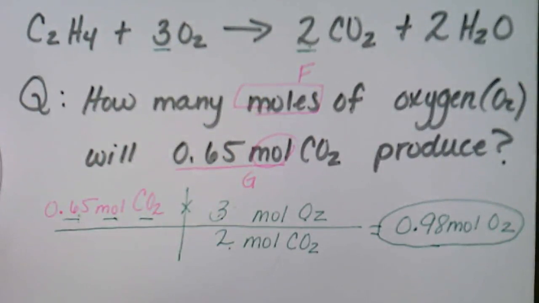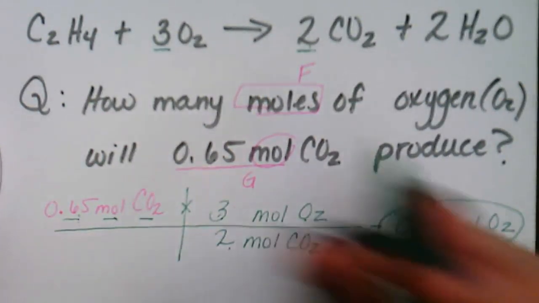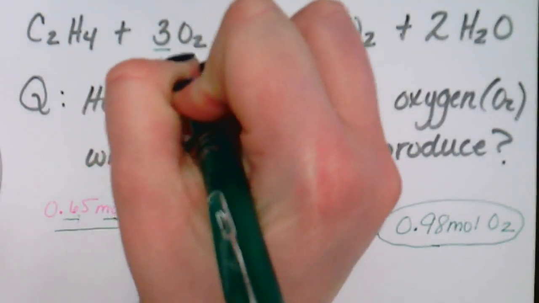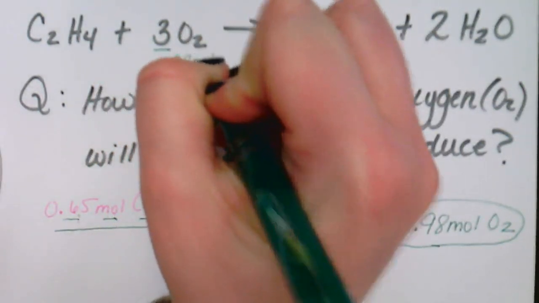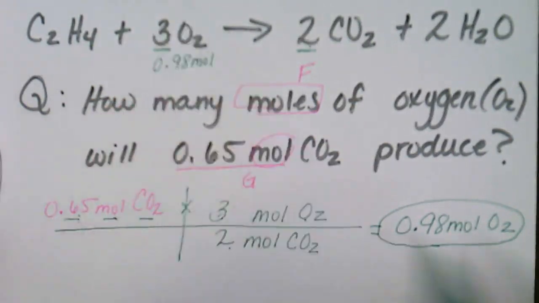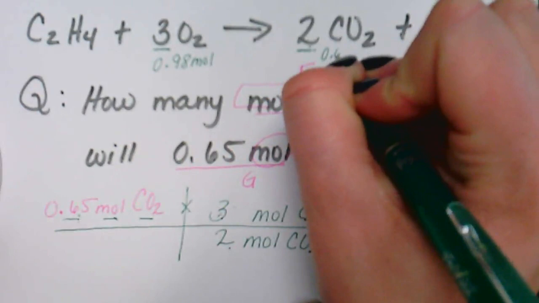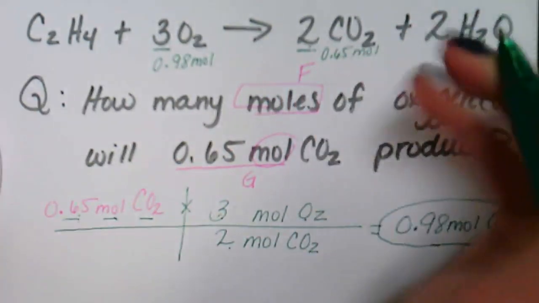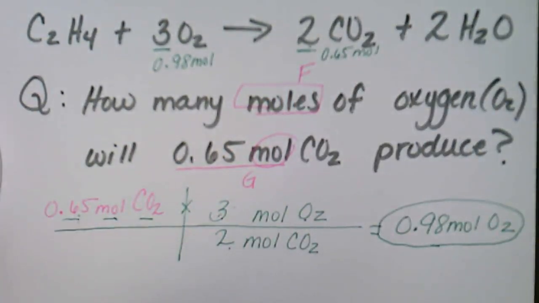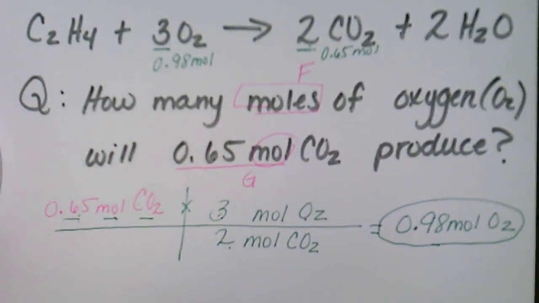Okay, you can do the exact same thing for any question up there. So now I know that 0.98 moles of oxygen right here will help me to produce 0.65 moles of CO2. Okay, so that's the basic for a mole-to-mole stoichiometry question.